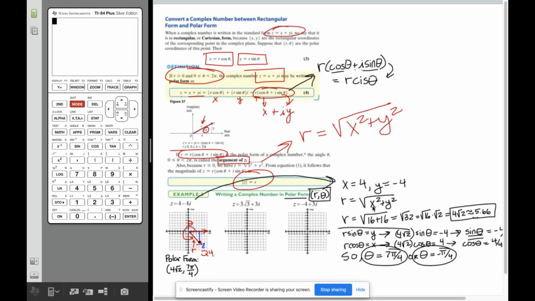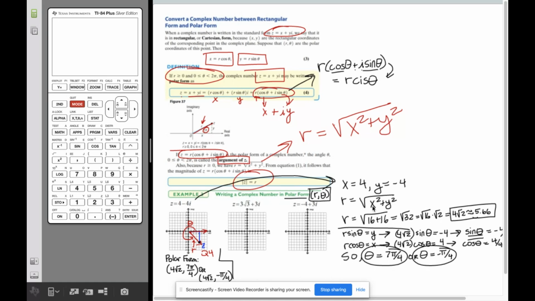That would be perfectly correct. We could also do it as 4 radical 2 and negative pi over 4. Either way should work out the same. So that's how we would do that.